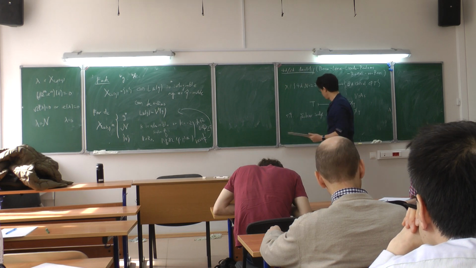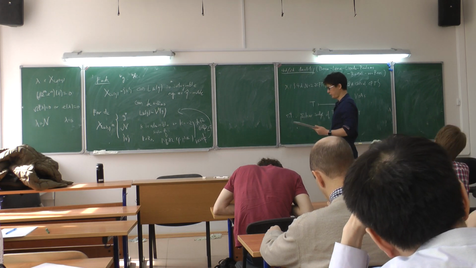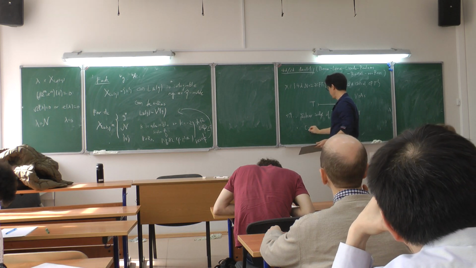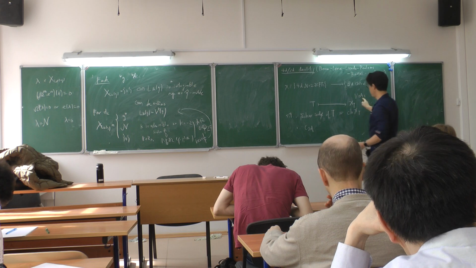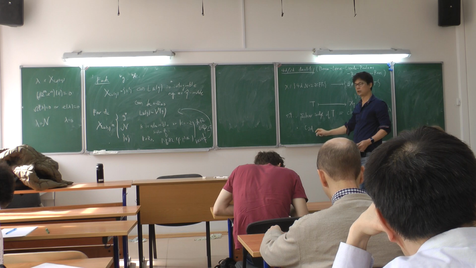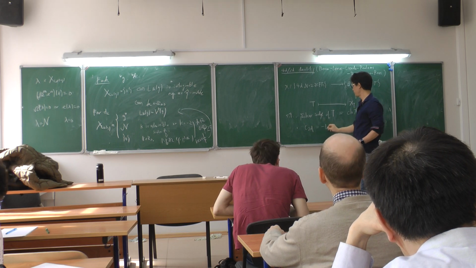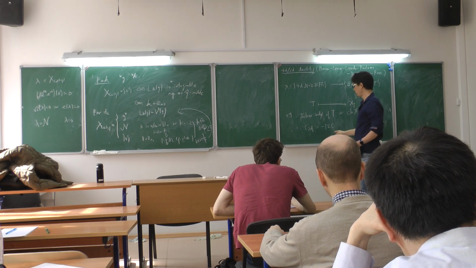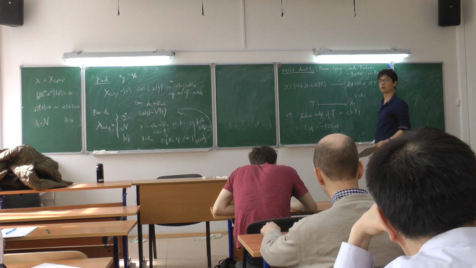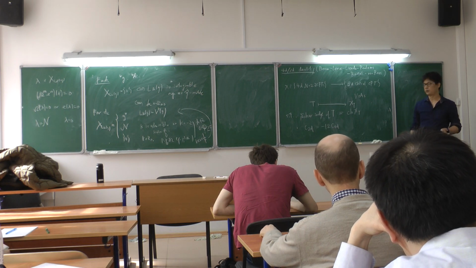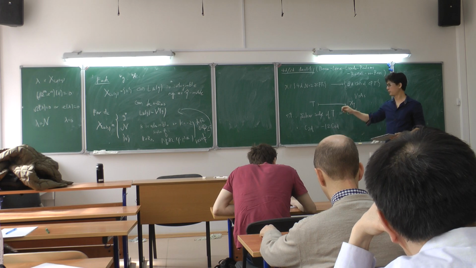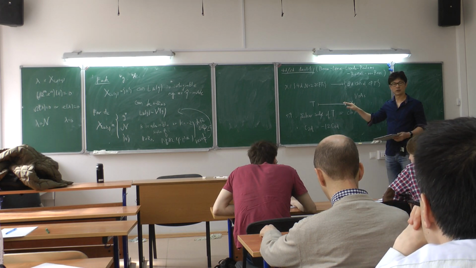And there are also some other properties. The central charge of this VOA, which I denote by c sub 2D, equals minus 12 times the central charge of the 4D theory. So this gives a constraint on the central charge of the corresponding VOA.